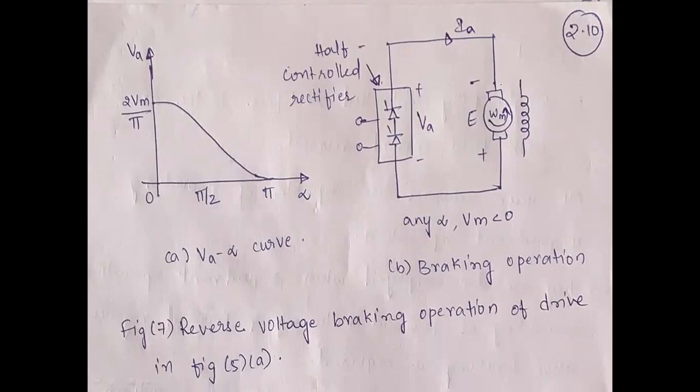So here it is kept as minus plus. Though E is reversed, the machine does not change. The machine will still be working as a generator, which is producing the braking torque.